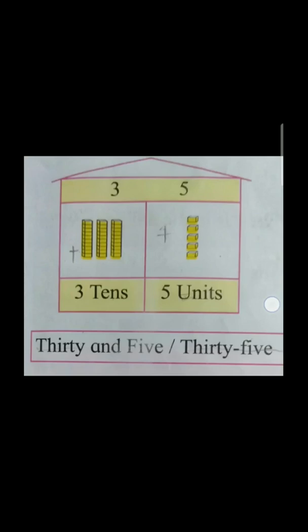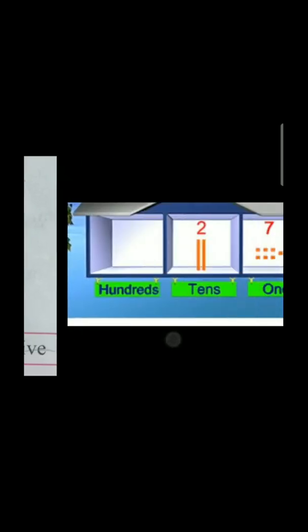If we open 3 tens bundle, we get 30 units. So that is why the place value of 3 in the number 35 is 30. And as 5 is in the units place, its place value is 5.